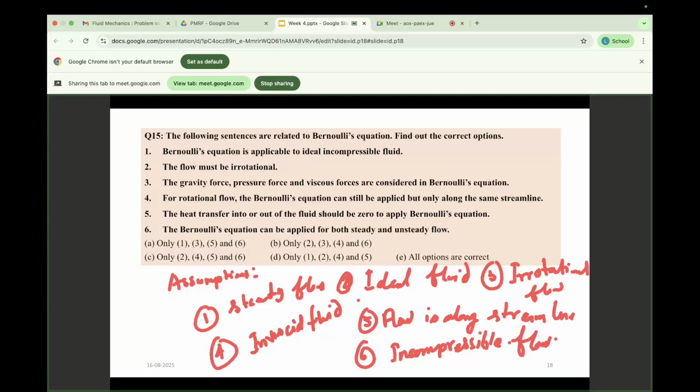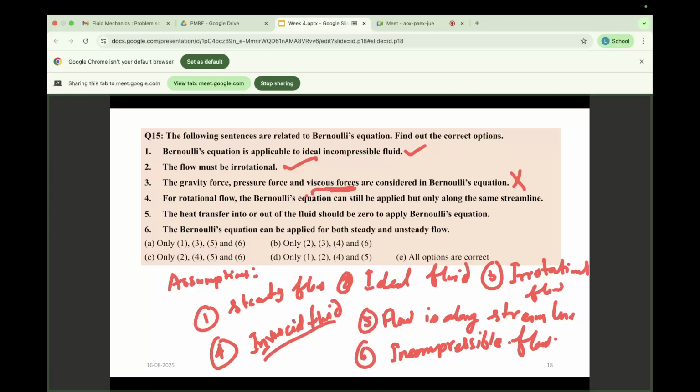So let us compare now with the options. Bernoulli's equation is applicable to incompressible fluid, that is the sixth point. So it is right. The flow must be irrotational, that is the third point. It should be right. Next, the gravity force, the pressure force, and the viscous force are considered. See this viscous force, it is an inviscid fluid, so no terms of viscosity should be there. So this third option is wrong.